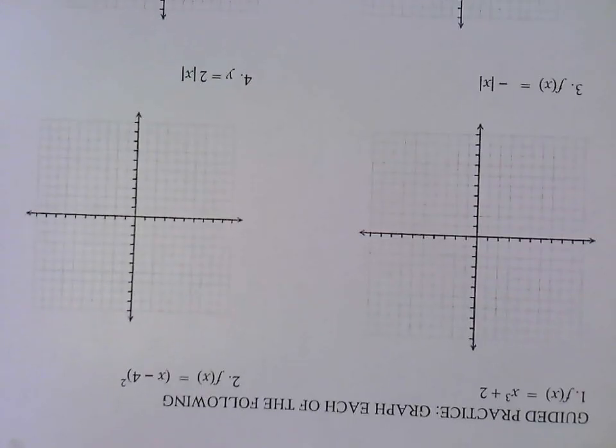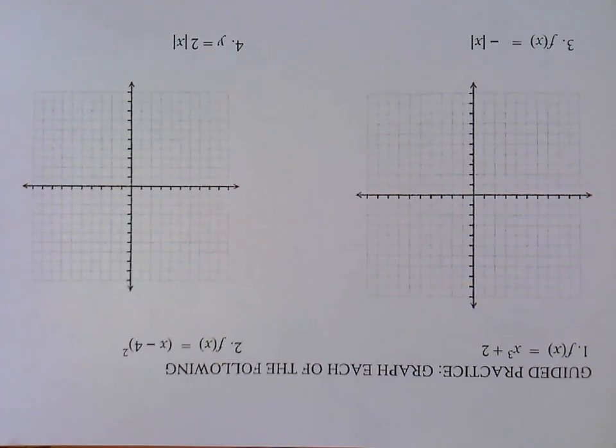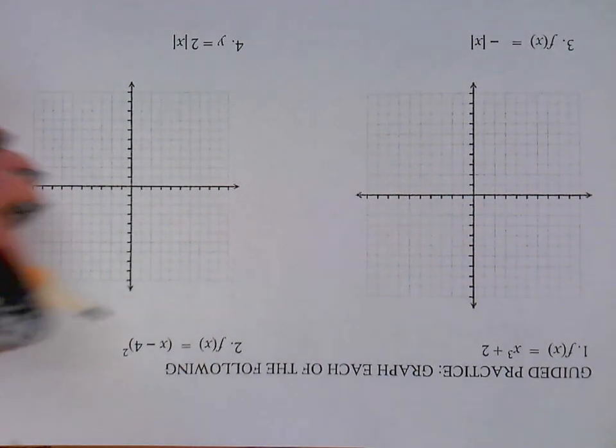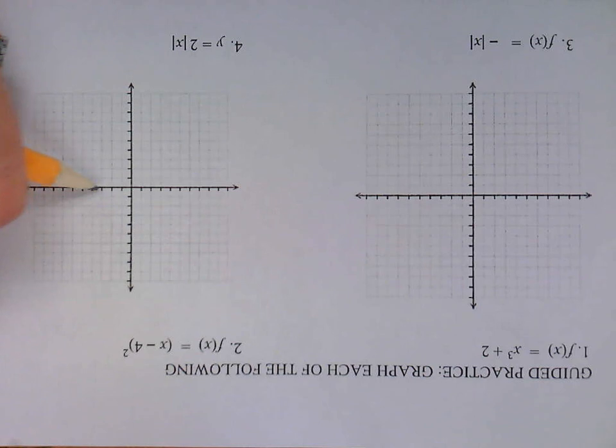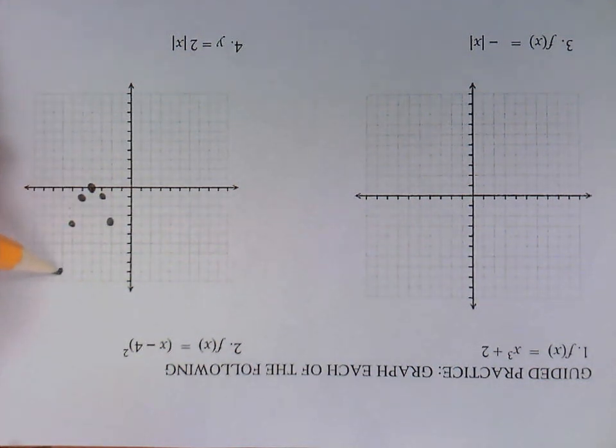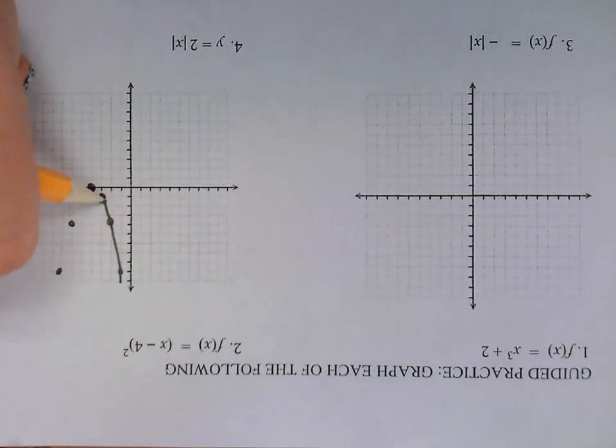And then let's see. This was a quadratic, number 2, quadratic that's been shifted to the right by 4, right? 1, 2, 3, 4. 1, 1, 2, 4, and 3, 9.